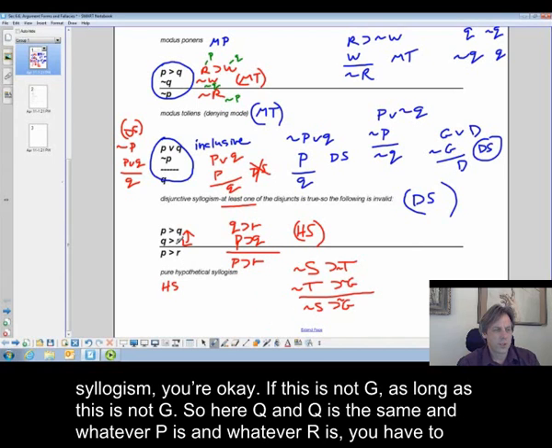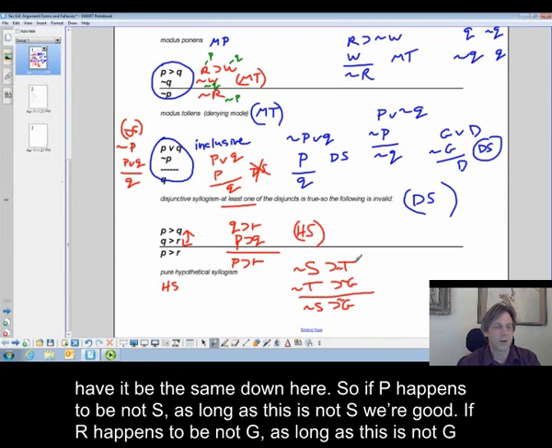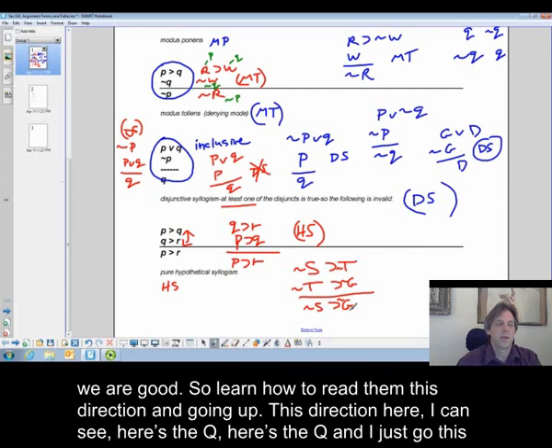So here, Q and Q is the same, and whatever P is and whatever R is, you have to have it to be the same down here. So if P happens to be not S, as long as this is not S, we're good. If R happens to be not G, as long as this is not G, we are good. So learn how to read them this direction and going up. Okay?